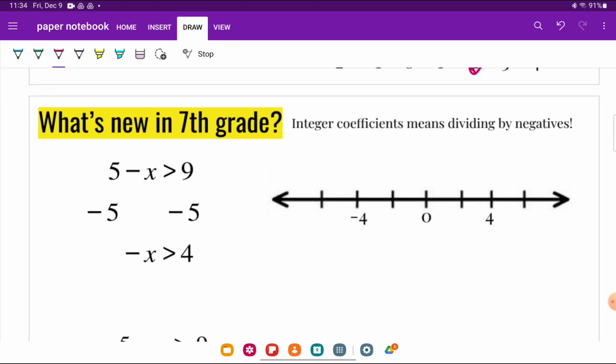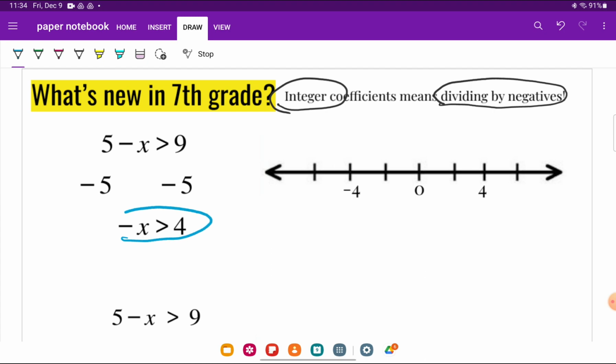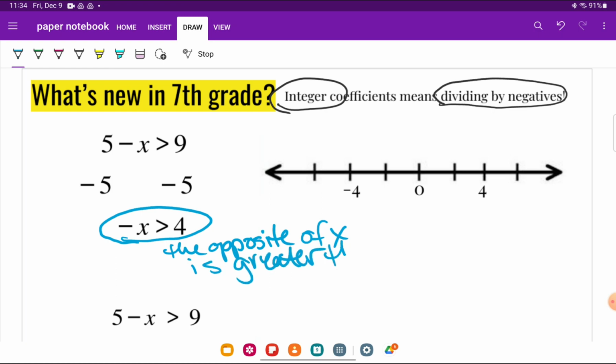In 7th grade, now our coefficients can be integers, which means we've got a potential to divide by a negative number. We know that we need to flip the inequality, but let's talk about why. If we stop right here and just talk about what that says, the opposite of x is greater than 4.